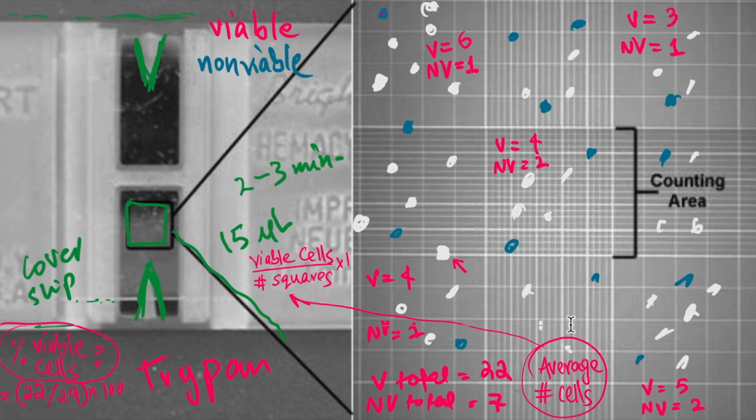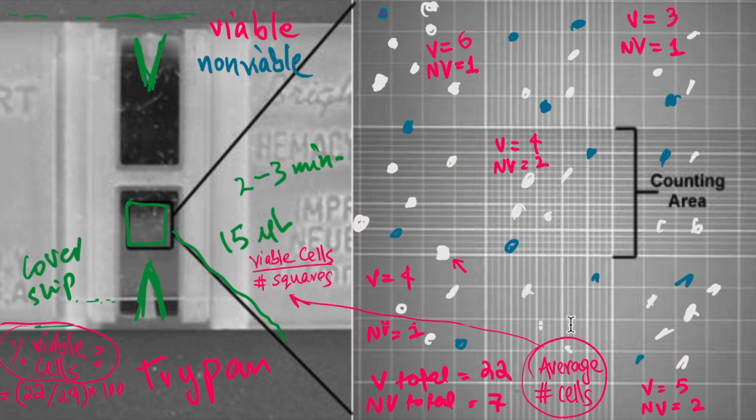If it's not a percentage, you would not want to times it by 100. Remember, this is the average number of cells, so don't confuse it with the total number of cells, 29. When we're talking about average number of cells, we only consider viable cells.